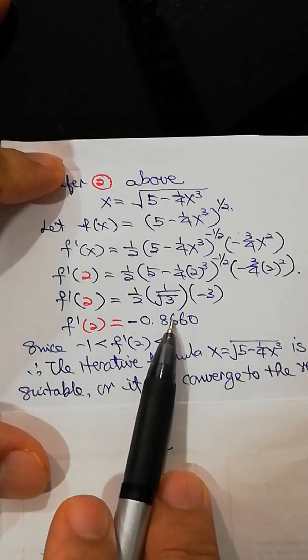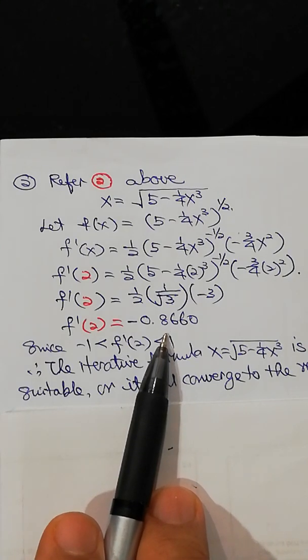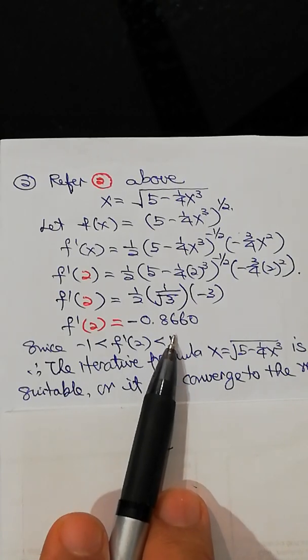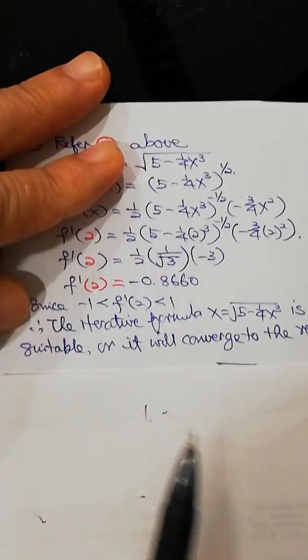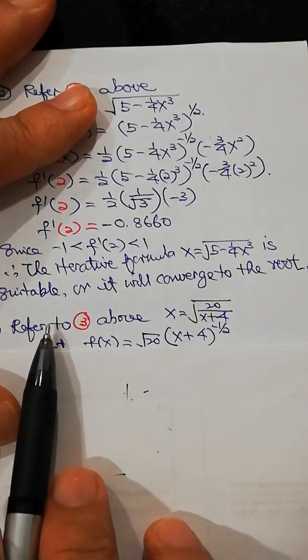Okay, so this one is suitable. That means it can converge to the root. Maybe you have to try x1, x2, x3, x4, x5, x6, x7, then you will get the answer. You will slowly approach the actual value of x, which is 1 point, very near to 2.